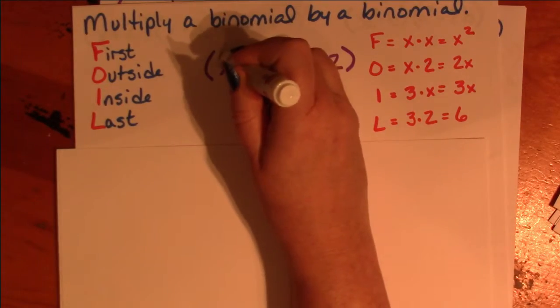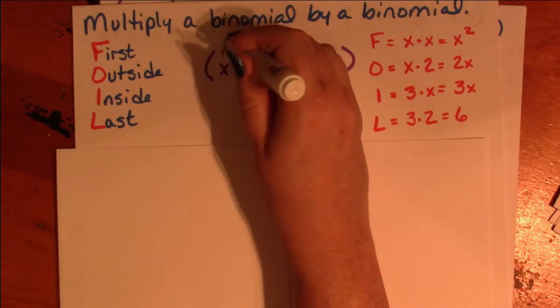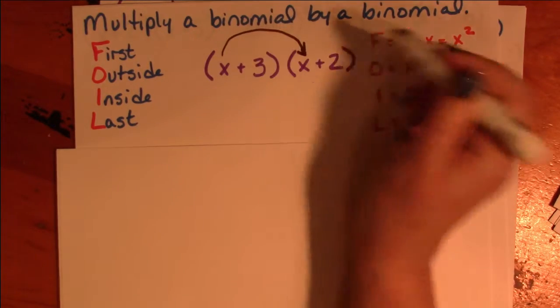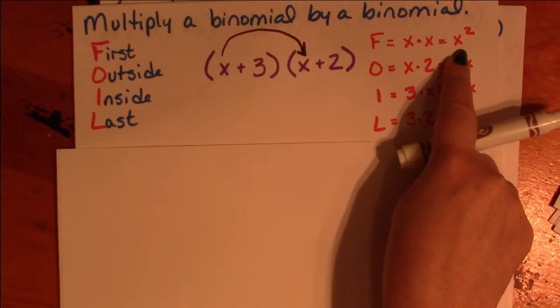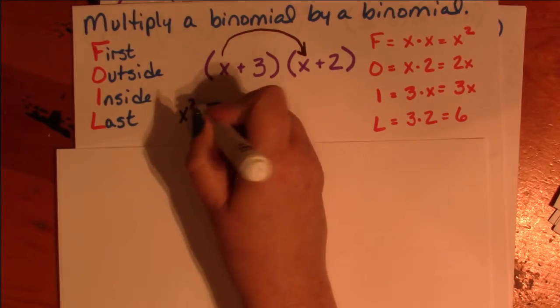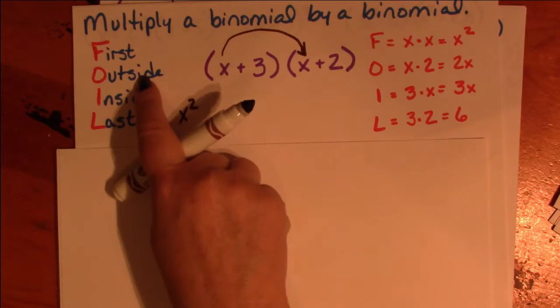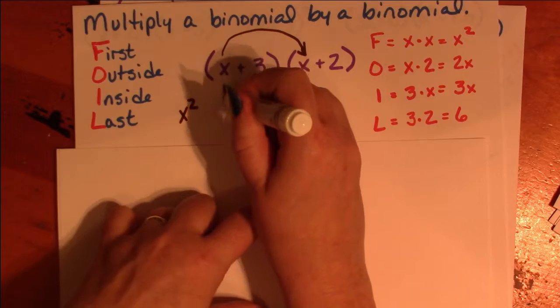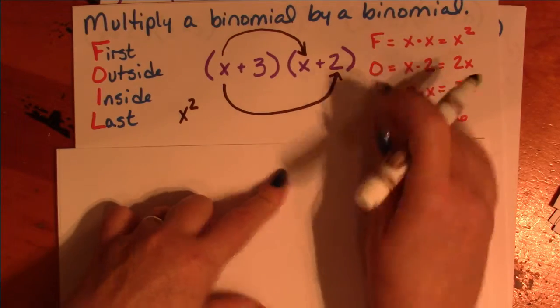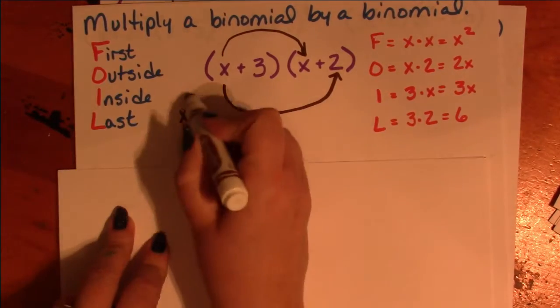FOIL says we're going to do the first one in this one, times the first one in that one. So that's going to give us x times x, which is x squared. So we're going to put our x squared down. The next we're going to do is the outside ones, the 2 on the outside. So we're going to do x times 2. I suddenly didn't put this down low enough.